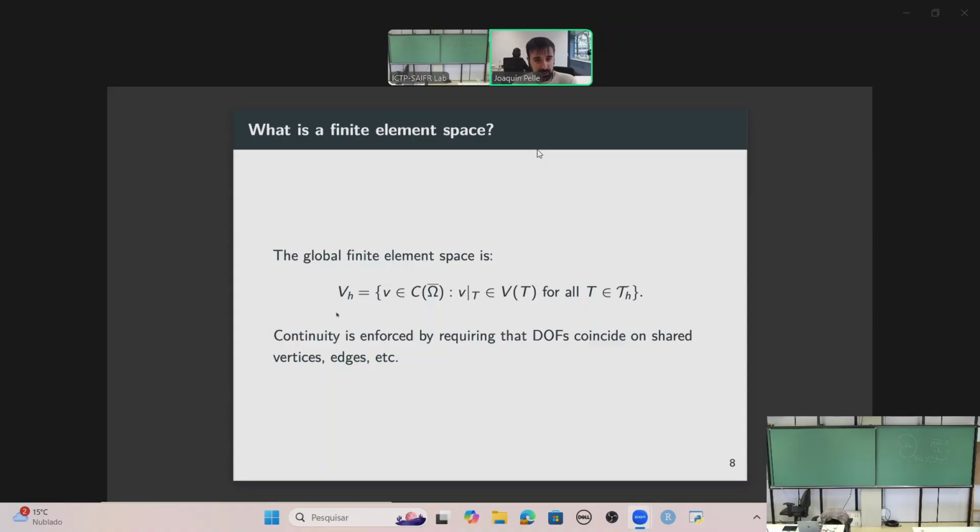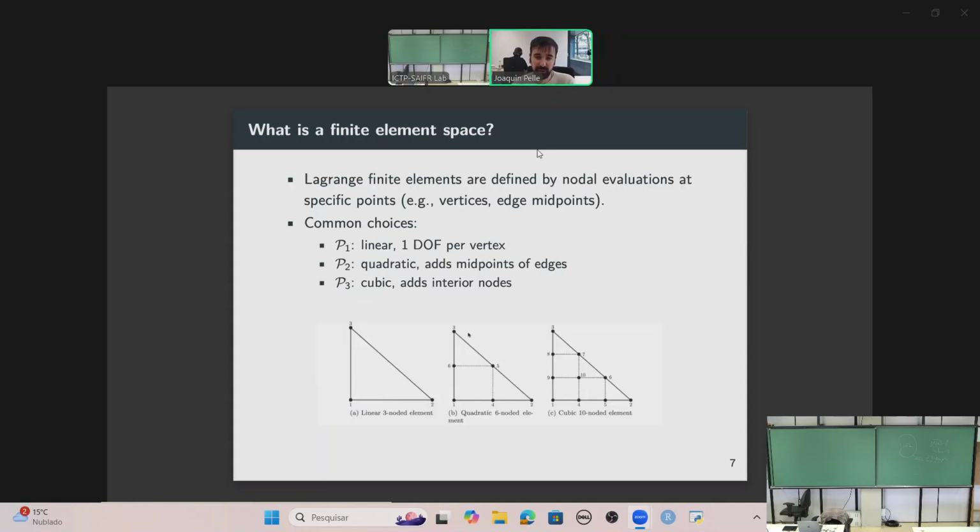And the continuity of the functions we enforce by requiring that the degrees of freedom match, right? So if we have 2 different triangles that share an edge or that share a vertex, then essentially we make sure that the functions are continuous by enforcing that the degrees of freedom of the function on each side match, so they have the same value.